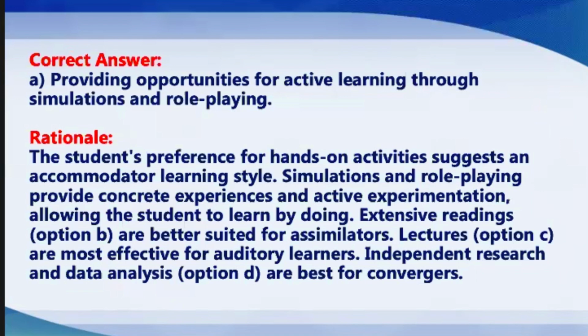Simulations and role-playing provide concrete experiences and active experimentation, which allows students to learn by doing. And then extensive reading, that's option B, is better suited for assimilators. Lecture, that's option C, is most effective for auditory learners. And then independent research and data analysis, that's option D, is best for convergers.